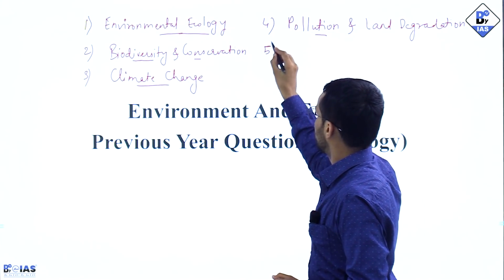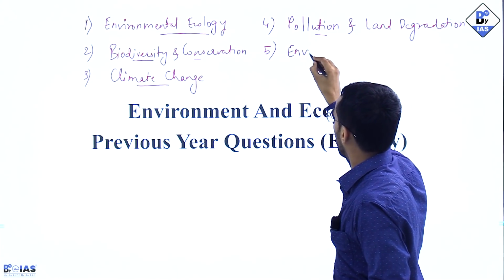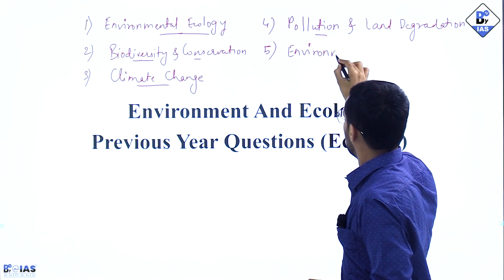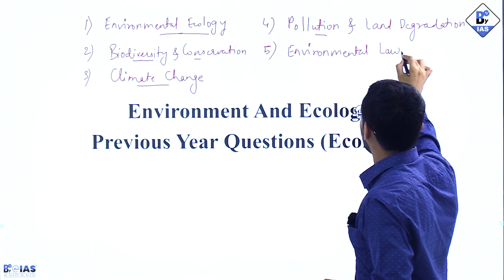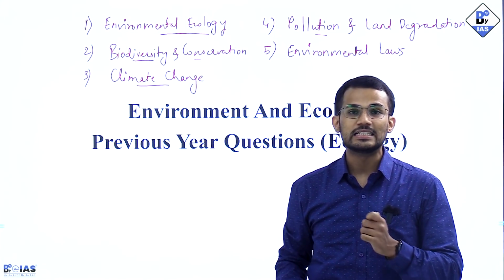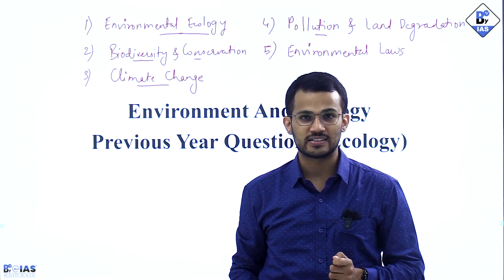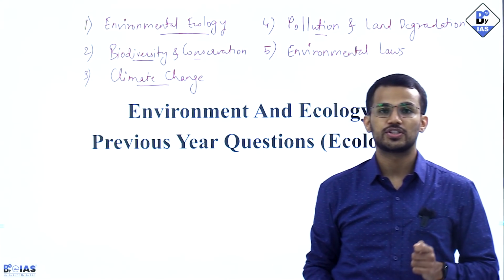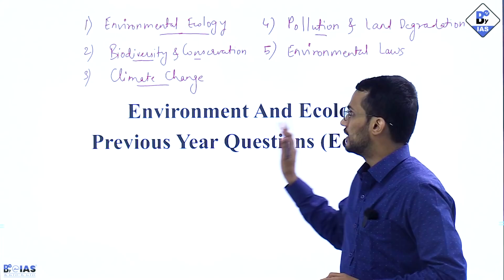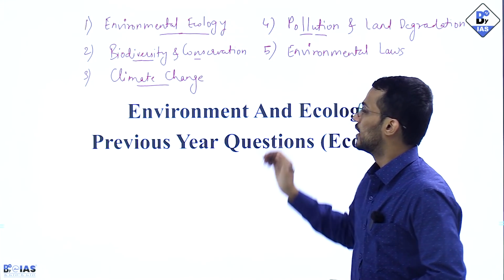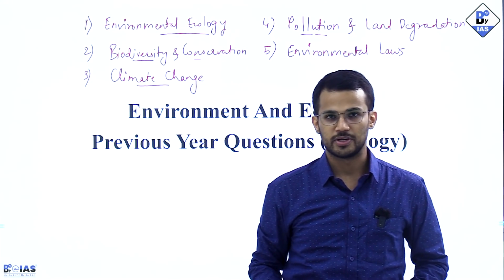Moreover, questions are also asked from environmental laws, like the Wildlife Protection Act 1972, Environment Protection Act 1986, Biodiversity Conservation Act 2002 and so on, right? So these are the 5 topics on which UPSC generally asks questions in the prelims examination.